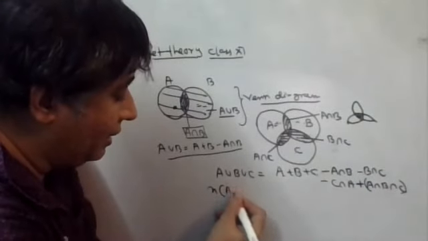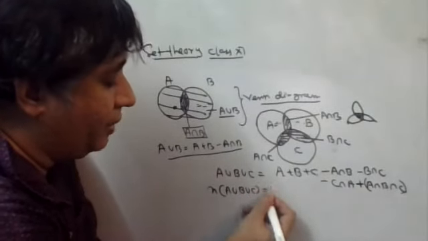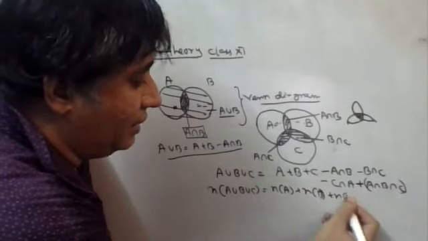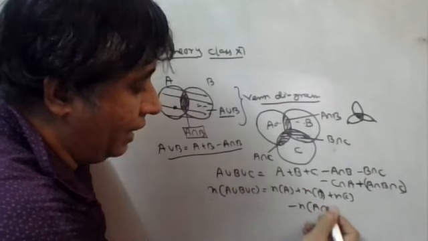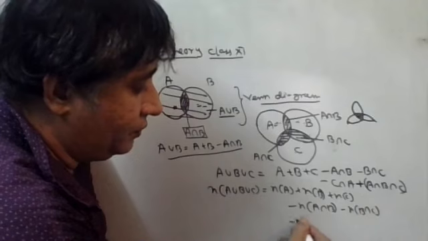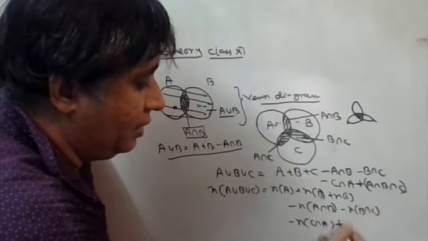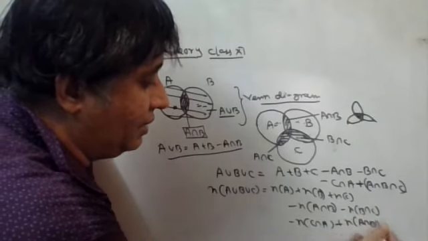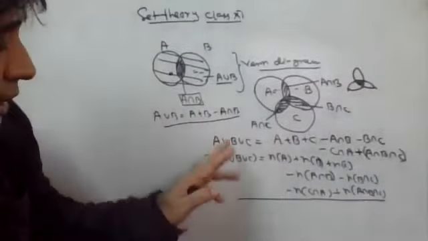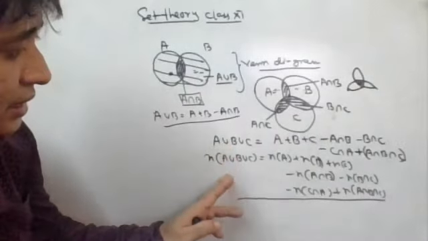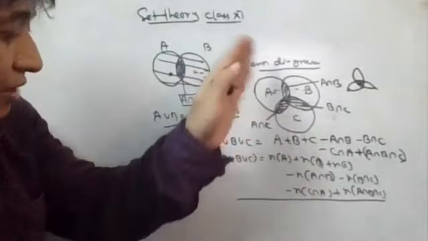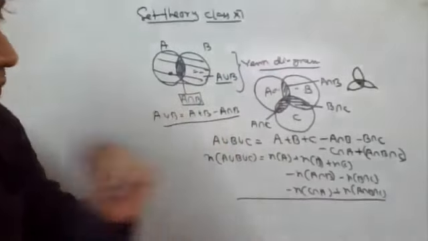So by cardinal number I can write n(A union B union C) equals n(A) plus n(B) plus n(C) minus n(A intersection B), n(B intersection C), n(C intersection A), plus n(A intersection B intersection C). So this property involving two sets and three sets is represented by Venn diagram and formula. Hope you understood.